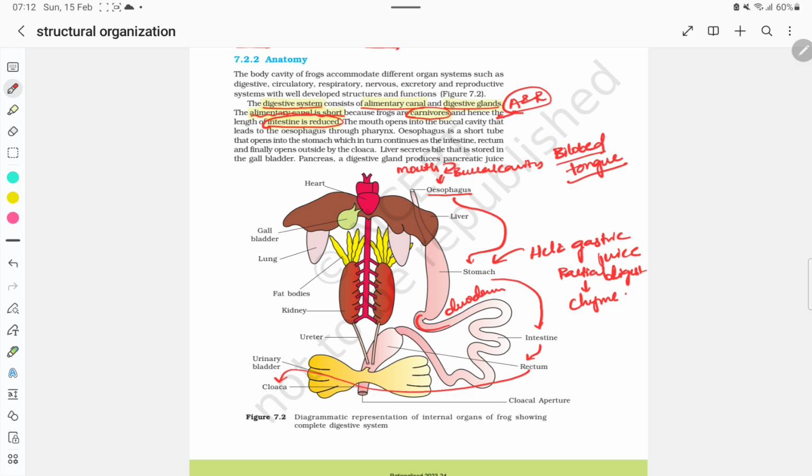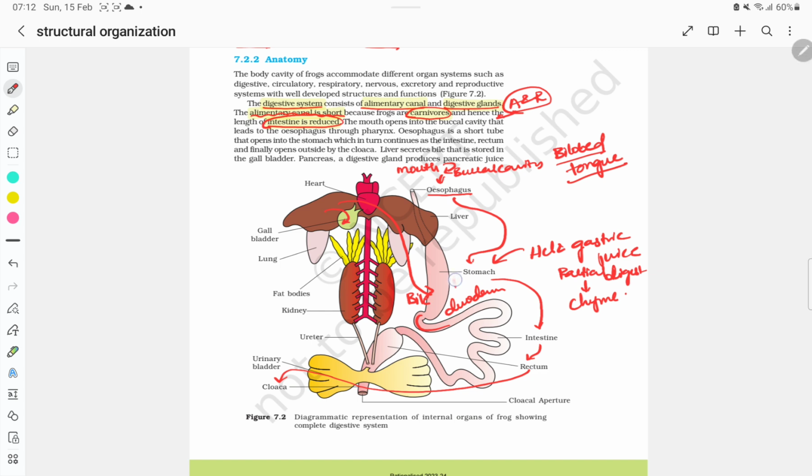This duodenum gets the secretions of liver, that is bile, and this bile secreted by the liver gets stored in the gallbladder. From the gallbladder, the bile will enter into the duodenum, and in this diagram nowhere pancreas is shown and labeled.